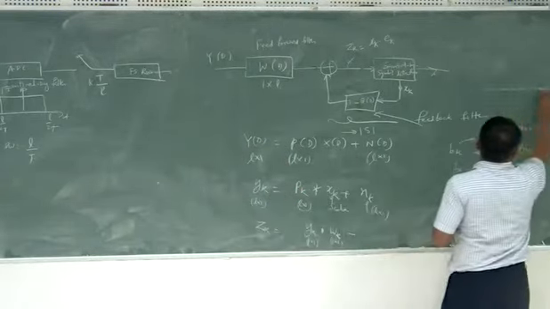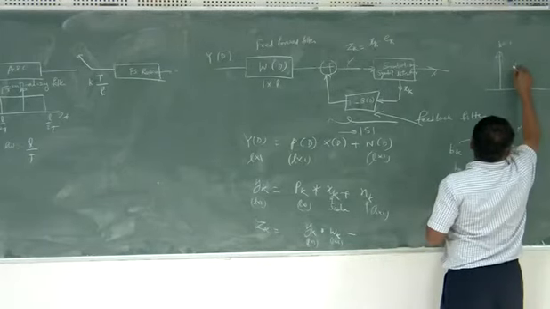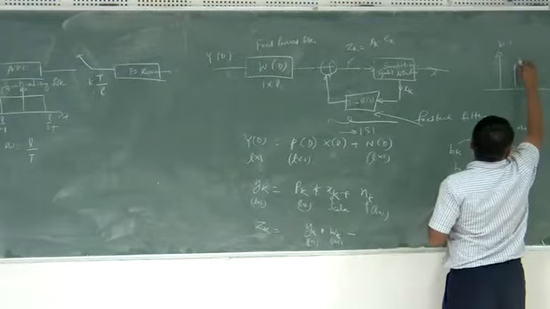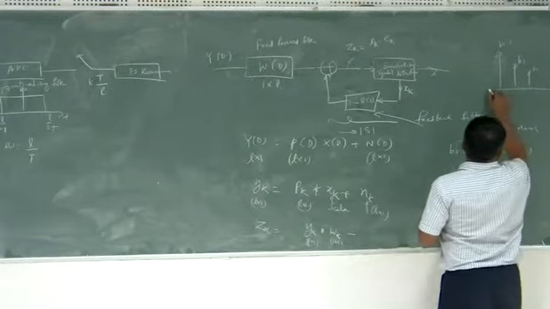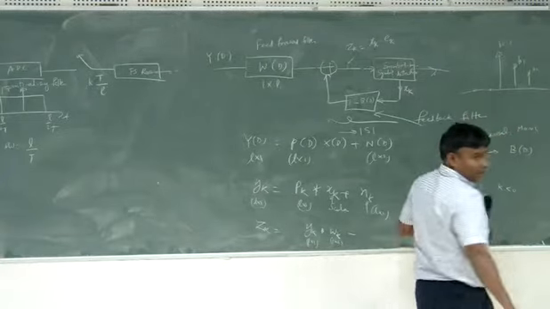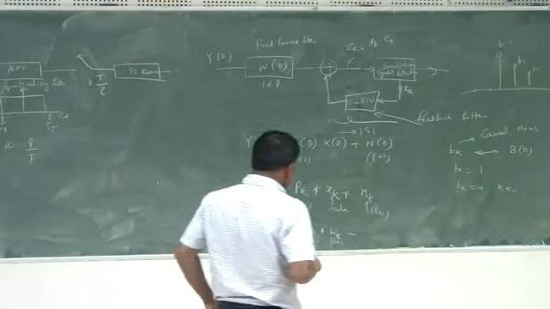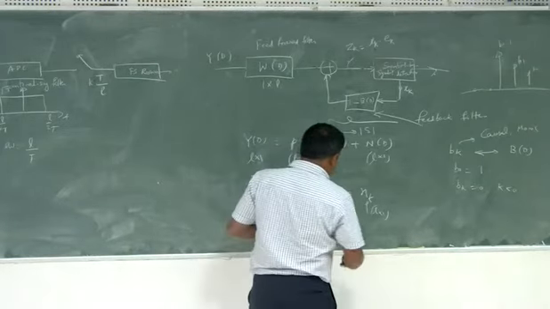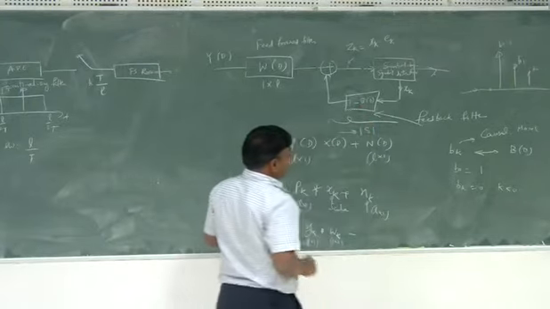B of k is B0, which is equal to 1, and these are all the taps. That is the impulse response for B of k. Well, what does 1 minus B of D mean?